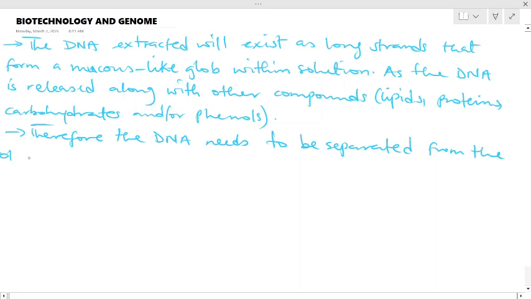What are the others? The lipids, proteins, carbohydrates, etc. So to do this, the DNA is harvested. So just know that it needs to be separated. In our next set of lectures, I'll begin by telling you how the DNA is eventually separated from all of these components.